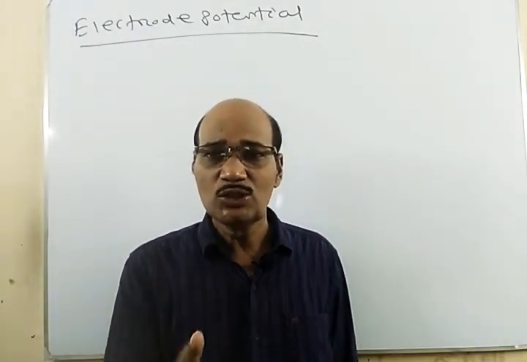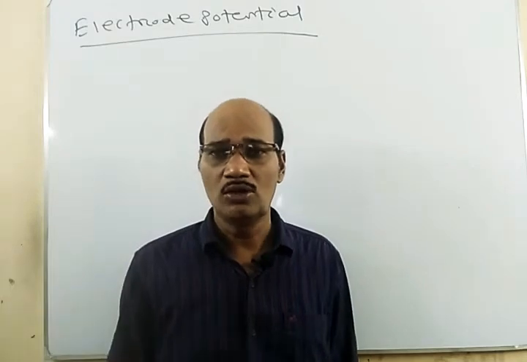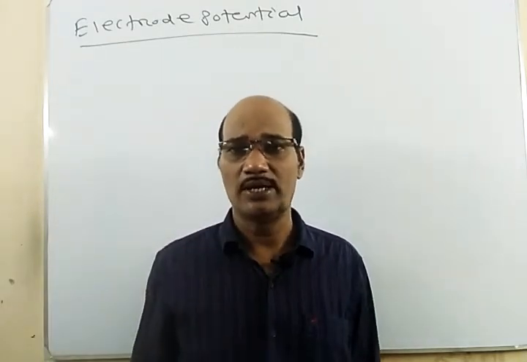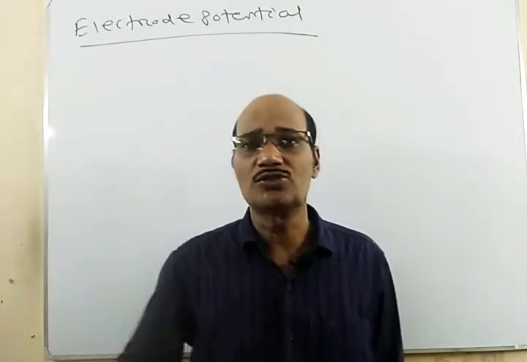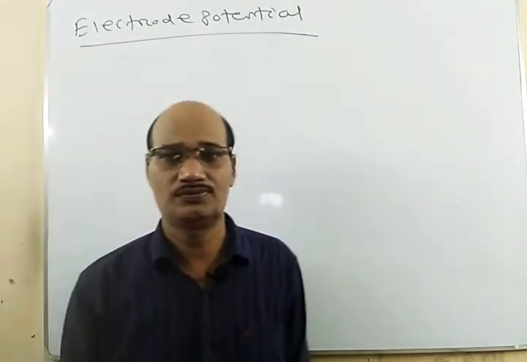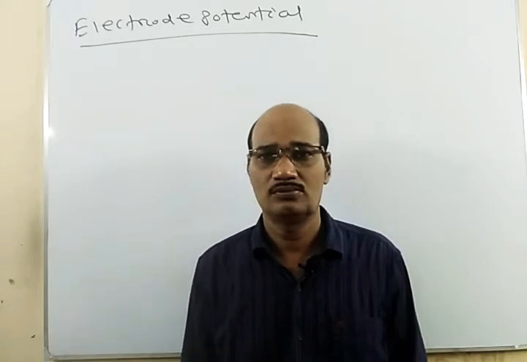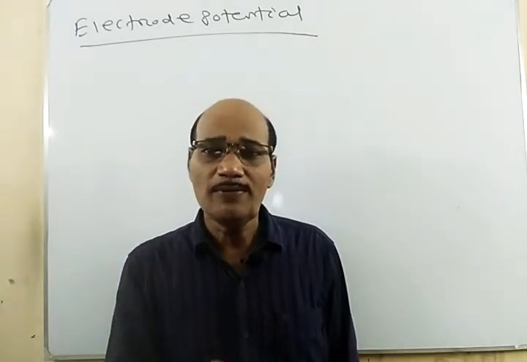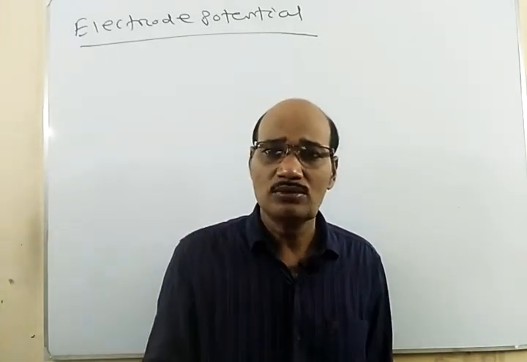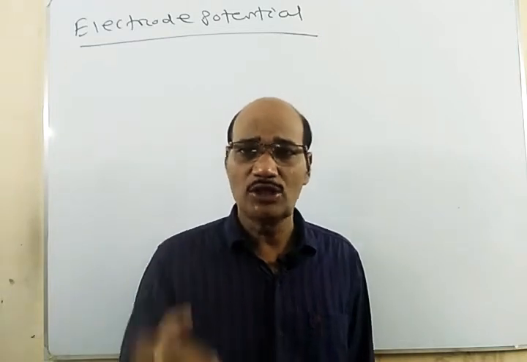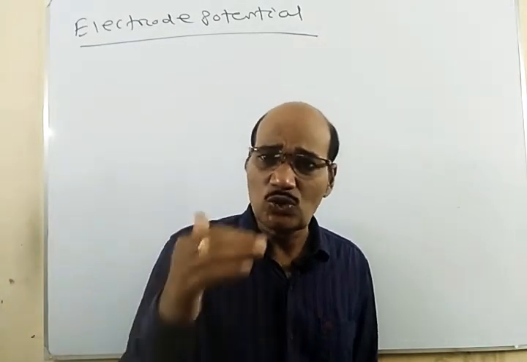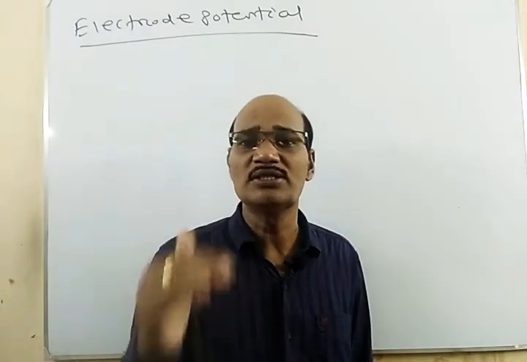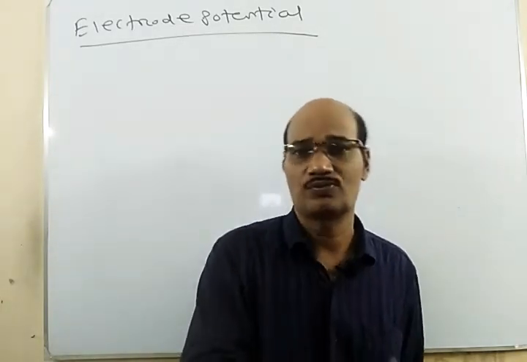The tendency to lose electrons is called oxidation potential, and the tendency to gain electrons is called reduction potential. Whenever an electrode is losing electrons, it is undergoing oxidation, and its tendency to lose electrons is known as its oxidation potential.